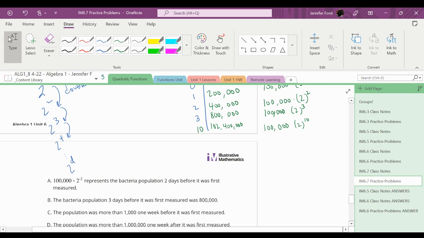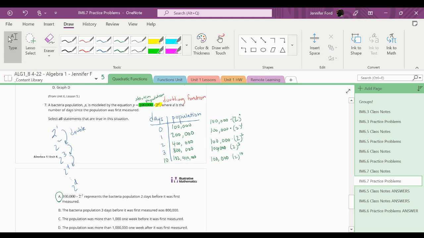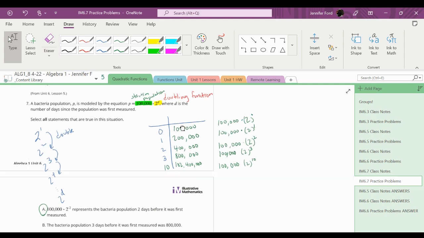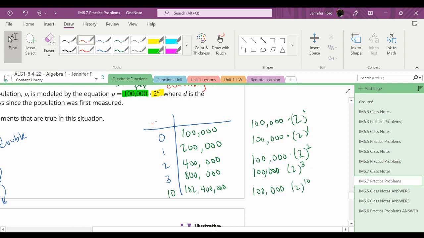100,000 times 2 to the negative 2 represents the bacteria population 2 days before it was measured. This is true. Negative exponents are weird, but they do exist and they are interesting, and I hope we get a chance to talk about them before the end of the school year. Essentially, if you're doubling going this way, to go backwards we'd go by half.